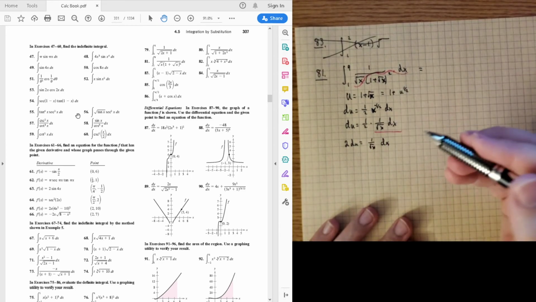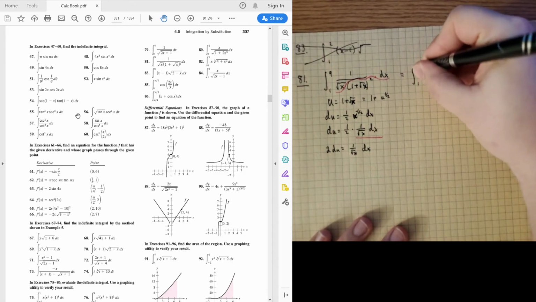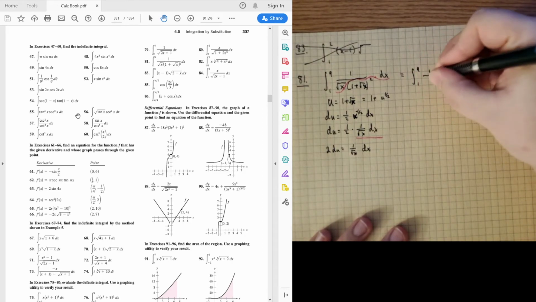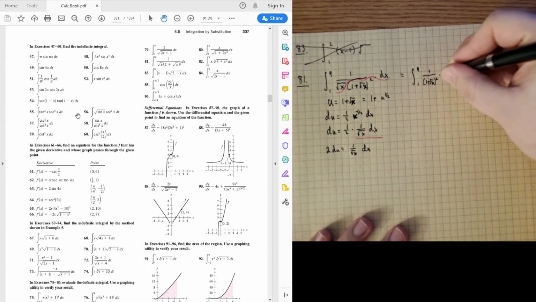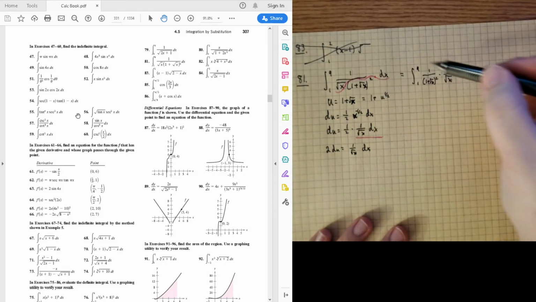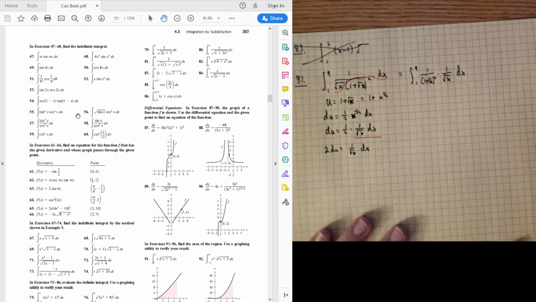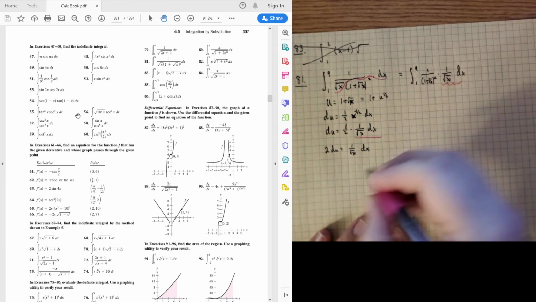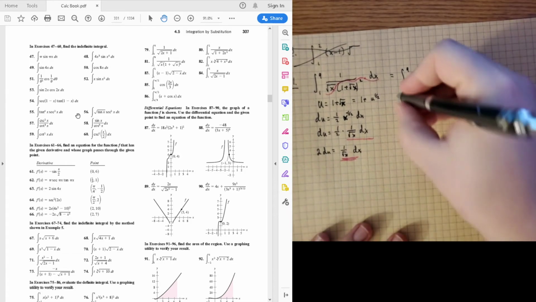Now, if you don't see that right away, you could take the time to rewrite this function like this. This becomes 1 over 1 plus the square root of x squared times 1 over the square root of x dx. These two are equivalent functions. I just rewrote them. And you can see much easier in this one that this component is right here. And so I can now perform my first substitution.